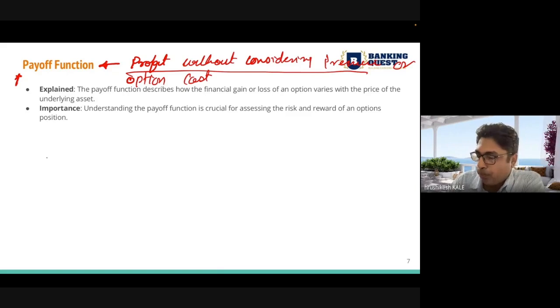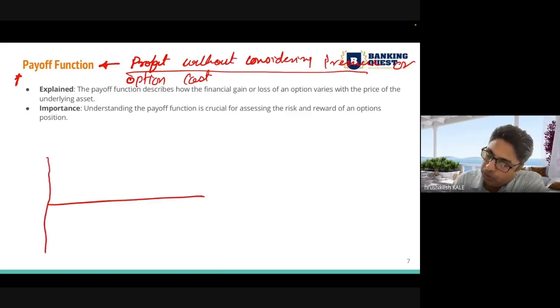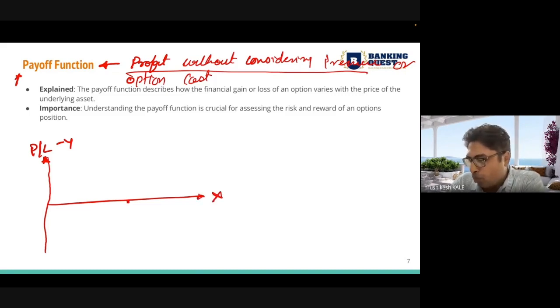So let's assume this is P&L on the y-axis and this is the x-axis. For a long call, this is the graph where this X is called the strike price or exercise price.